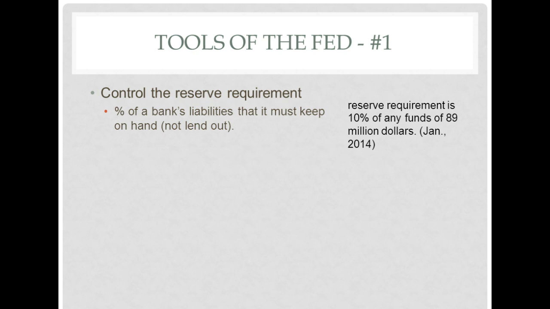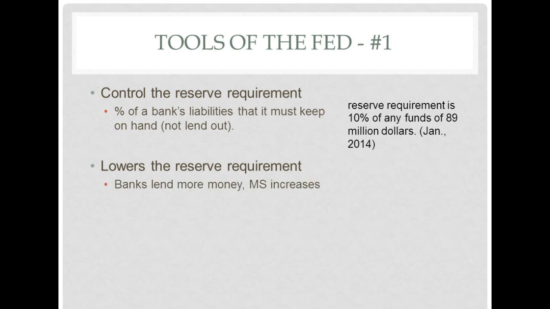Now, that's the reserve requirement. If that's the case, then what do we have here? If you lower the reserve requirement, banks will lend more money. If the Fed lowers the reserve requirement, banks are going to be able to lend more money because they don't have to keep as much.